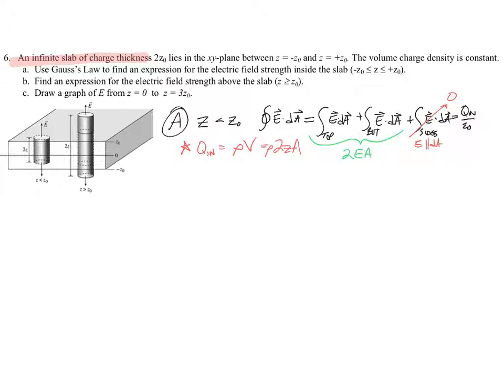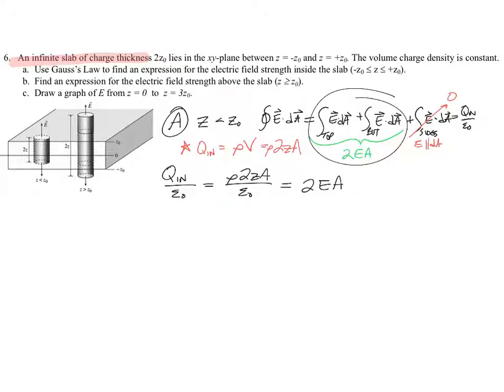And so we'll work at that here. So our Qn per epsilon naught, okay, so we'd have our rho 2zA per epsilon naught. That would need to equal this 2EA right here.